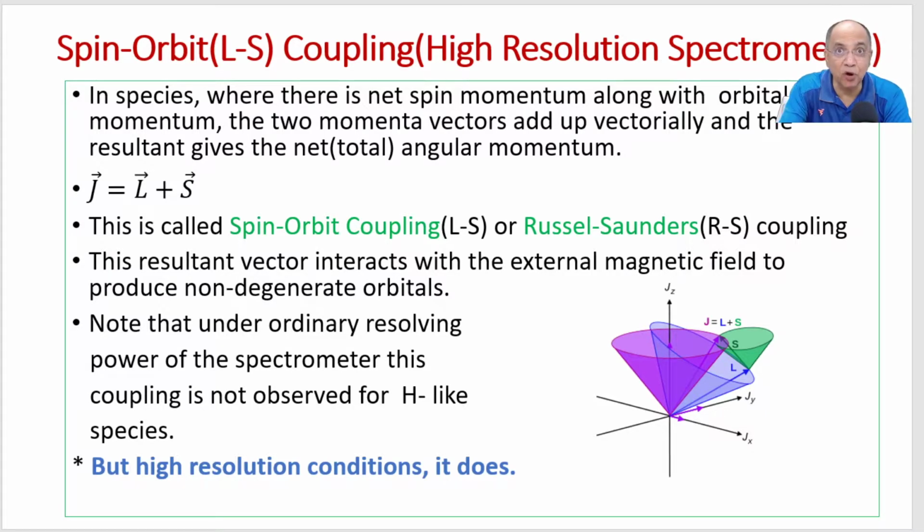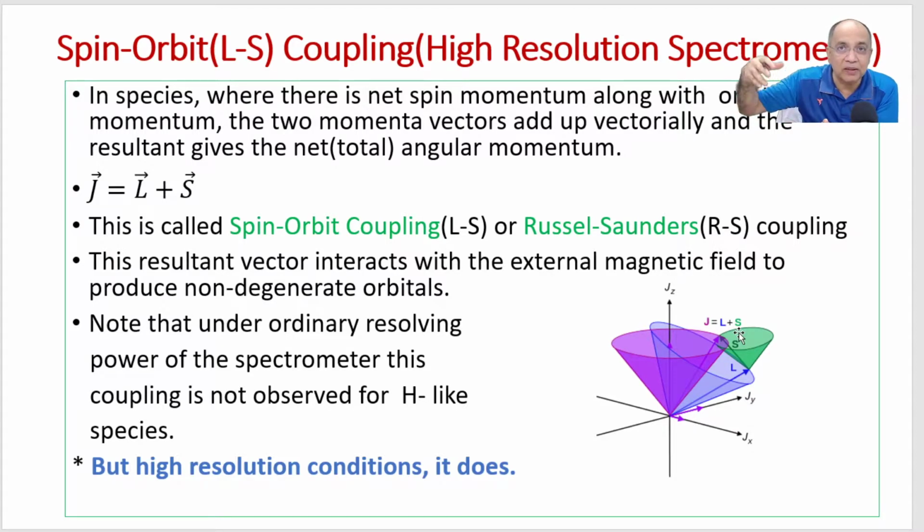Now here the abnormal Zeeman effect or the anomalous Zeeman effect with LS coupling will be done after we thoroughly understand what is LS coupling. It happens at high resolution condition and the two vectors now will produce the resultant. This is the J vector, and the L vector and S vector won't independently interact with the external magnetic field, if at all there is one.